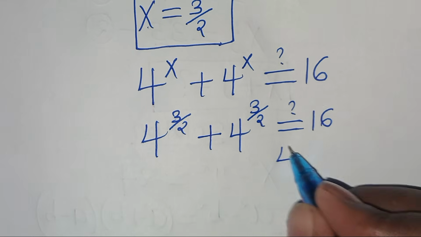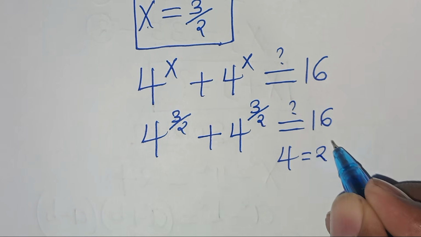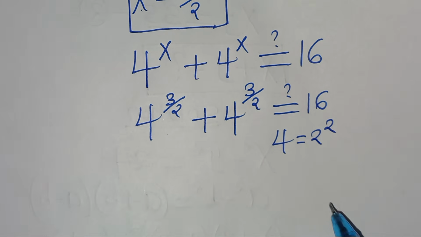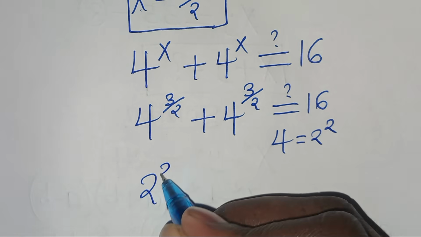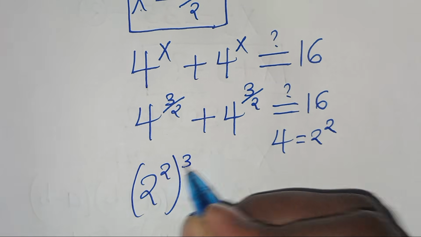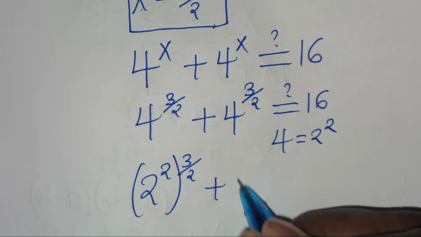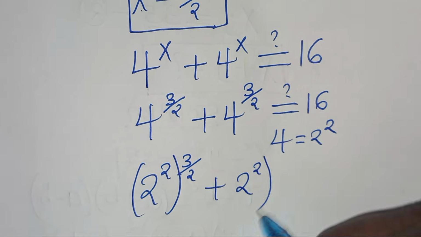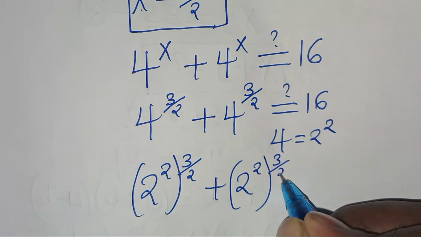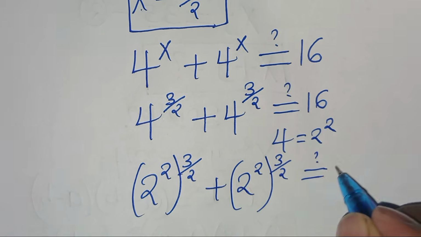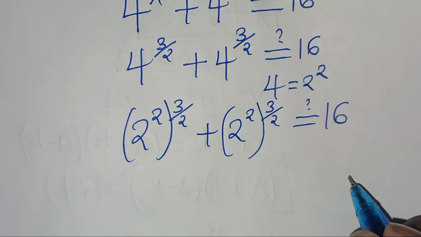We can express 4 as 2 raised to the power of 2. So this is 2 to the power of 2 raised to the power of 3 over 2, plus 2 to the power of 2 raised to the power of 3 over 2. This is supposed to give us a value of 16.